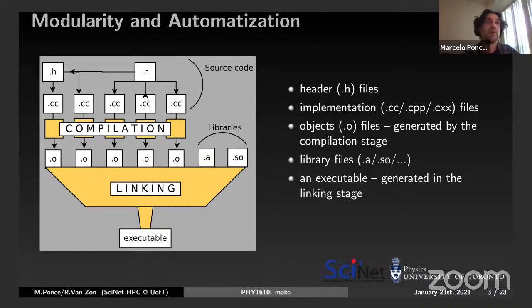It will help you optimize the compilation. It will help you remember these cumbersome lines of compilation, but also it will keep a record of how you compile. And when you do this in a professional manner, it can help you to port and compile your code across different platforms. And there are specialized tools, other tools in parallel to make, that can take advantage of and use this approach as well.